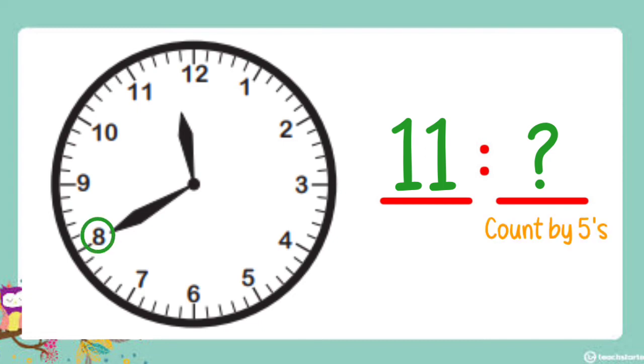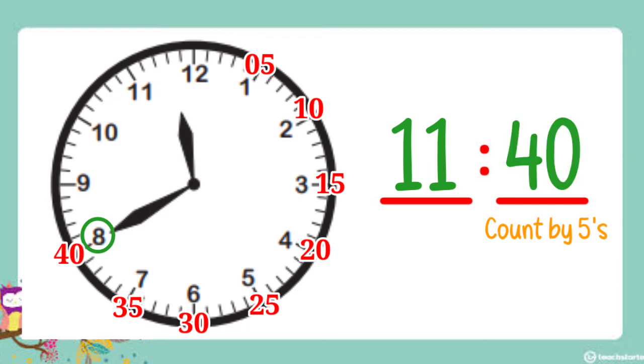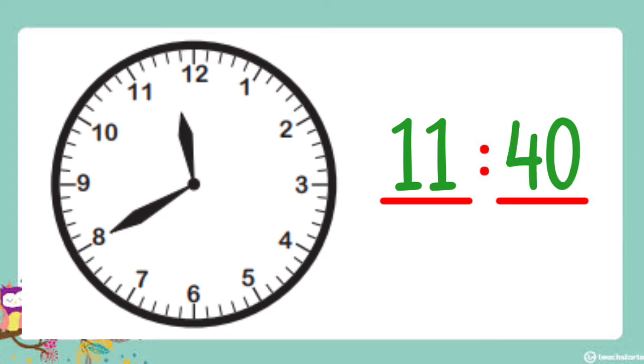So, let us count by 5s starting from 1. 5, 10, 15, 20, 25, 30, 35, 40. The number of minutes that has passed is 40. Therefore, the time on this clock is 11:40.